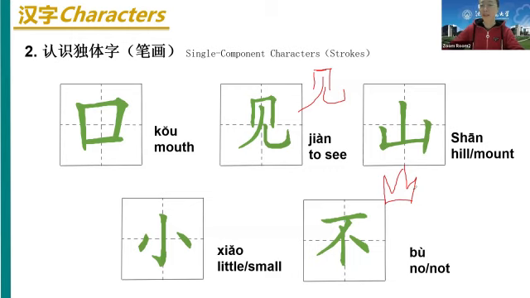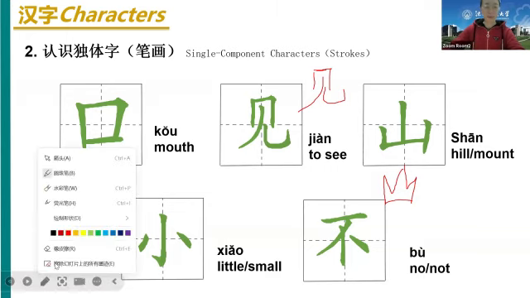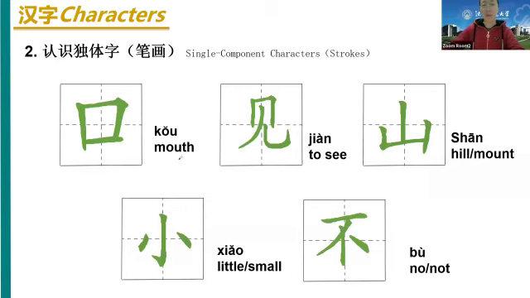It looks like the shape of a mountain, right? But now it is written like this. That is the traditional Chinese character, just like the shape of the mount. So those are the problems in your assignments.